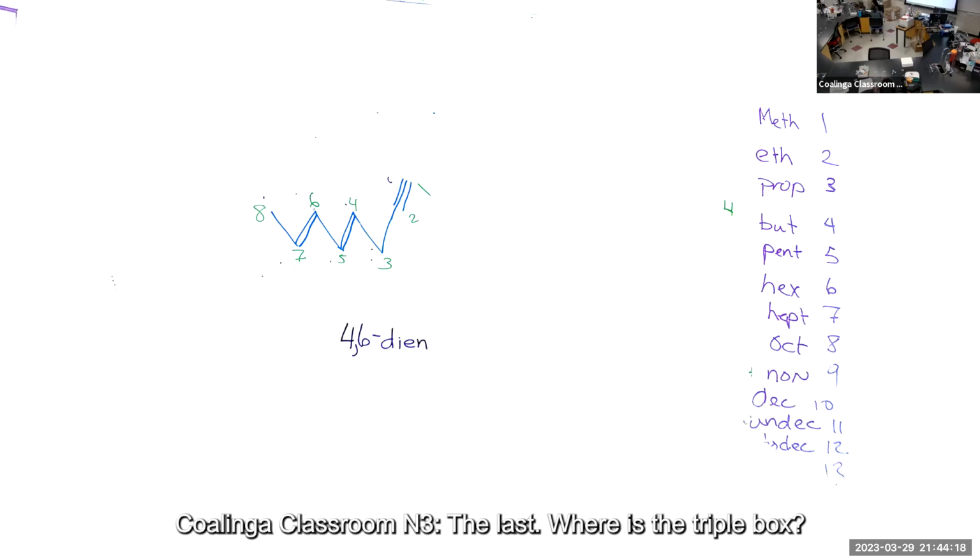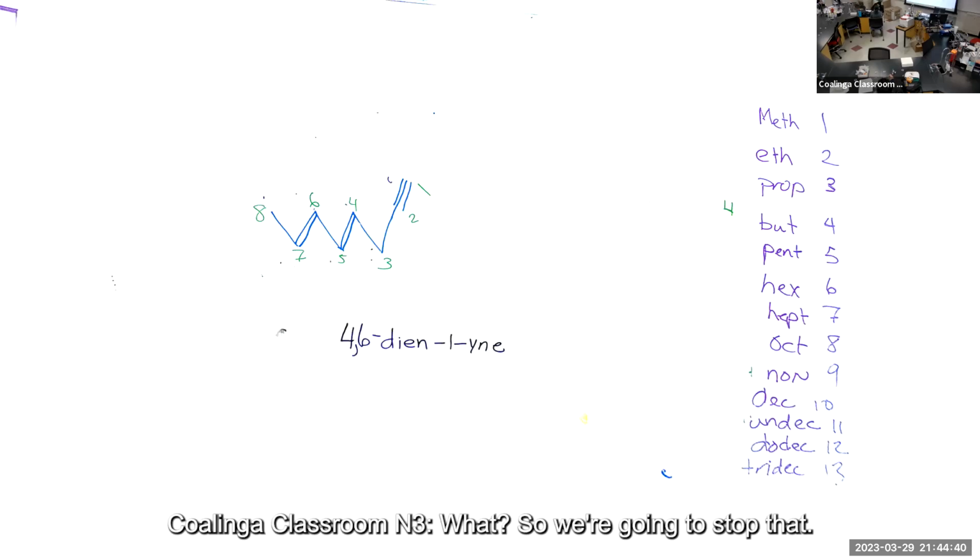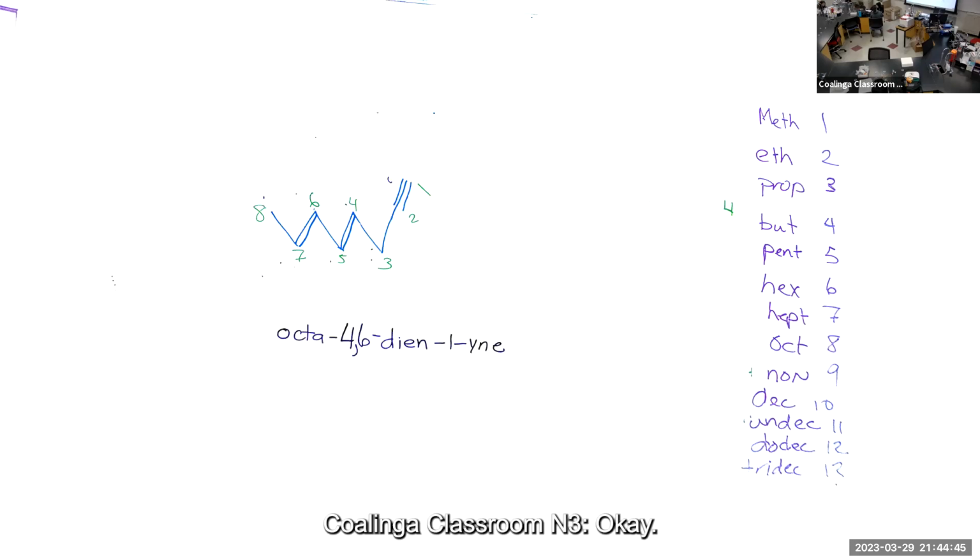The last, where is the triple bond? After one. One, yne. Okay? And then the total number of carbons, 8. So then we use the prefix of what? Oct, so we're gonna use octa. Okay, so it's gonna be octa-4,6-dien-1-yne.